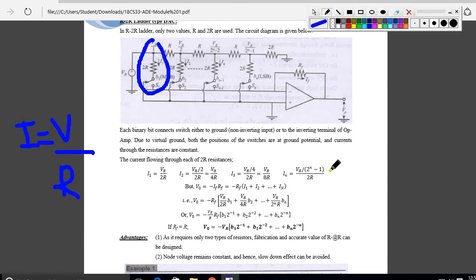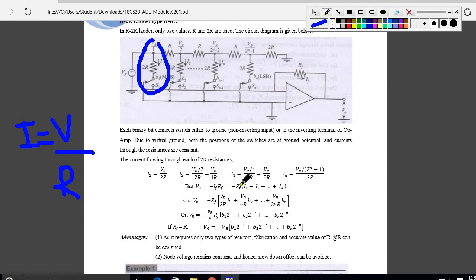After adding these, I1 plus I2 plus up to IN. And again, same thing as in the previous circuit diagram, I told that the output voltage V0 is equal to IF into RF, but the negative sign is because of the inverting terminal. Is it clear?